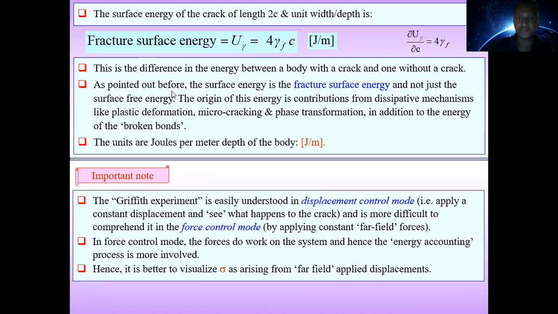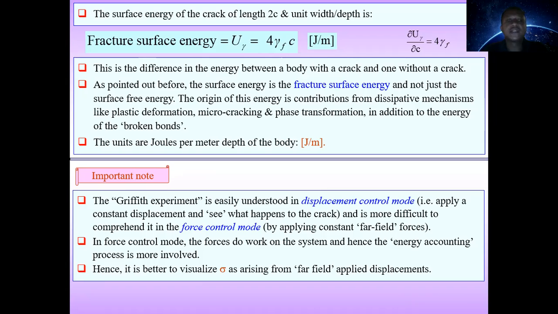As pointed out before, the surface energy is the fracture surface energy and not just the surface free energy. The origin of this energy is contributions from dissipative mechanisms like plastic deformation, microcracking, and phase transformation, in addition to the energy of the broken bonds. The unit of joule per meter depth of the body is applicable.